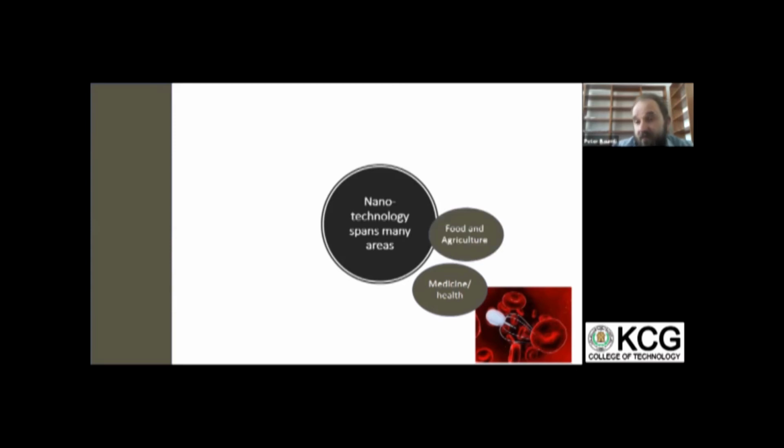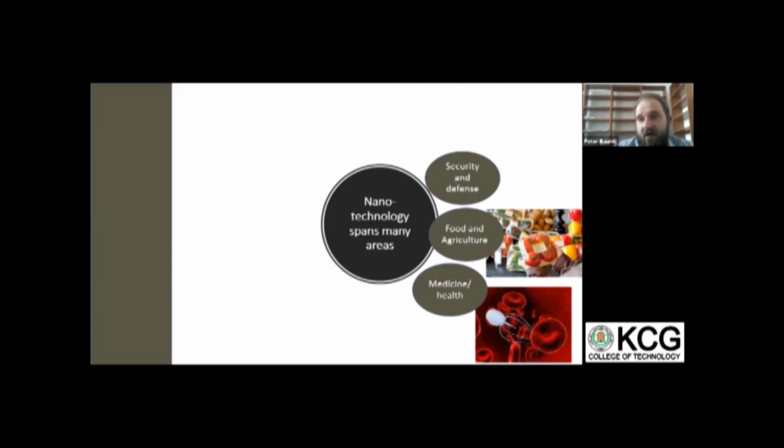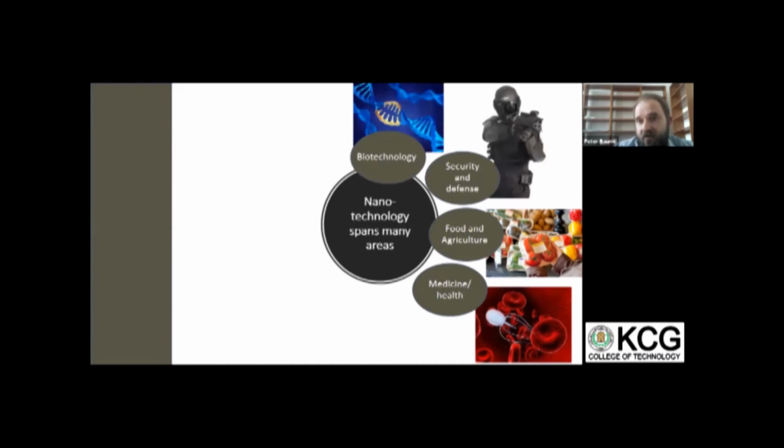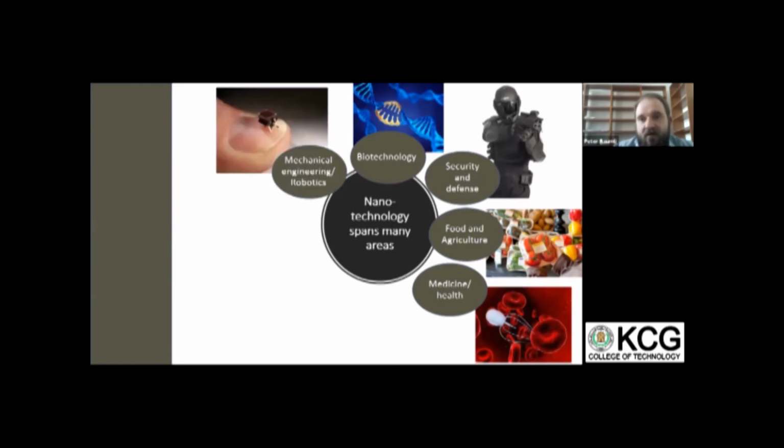Or now we prepare nanostructures for food and agricultural industry, you know, the packaging of the products. We can use in a security and defense industry also, biotechnology, when we would like to modify the DNA. Mechanical engineering, robotics, you can see this very small robot which can work.